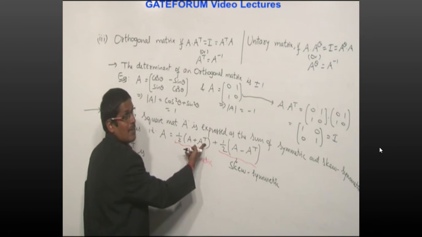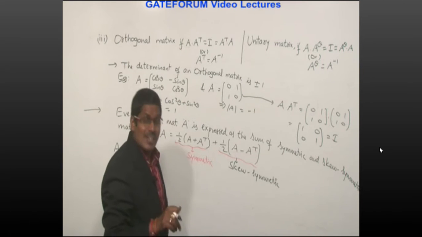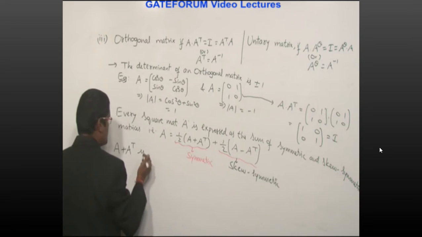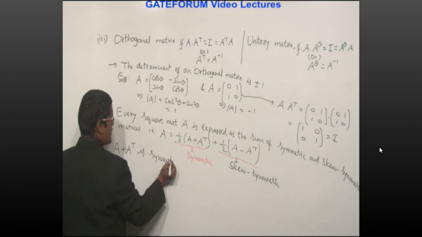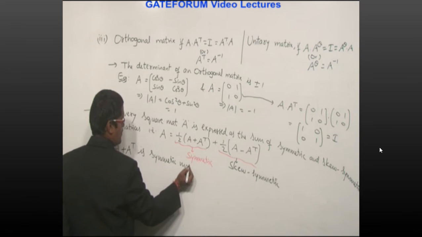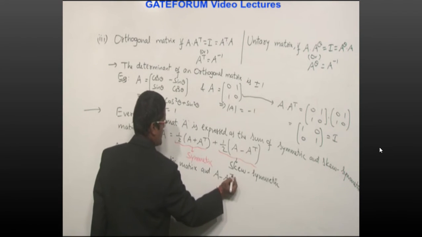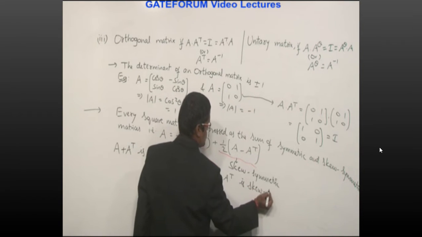Just T is replaced by theta, you will get the alternative result, sum of Hermitian and skew Hermitian matrices. A plus A transpose is a symmetric matrix. Okay, and A minus A transpose is skew symmetric.